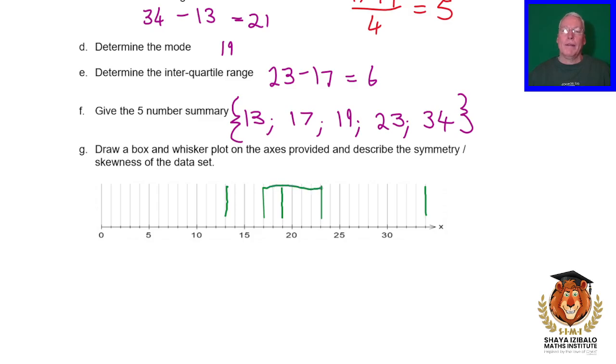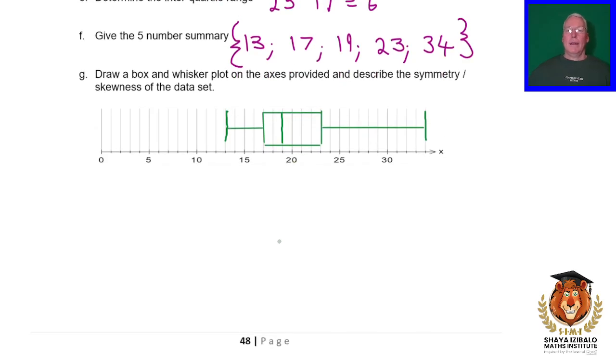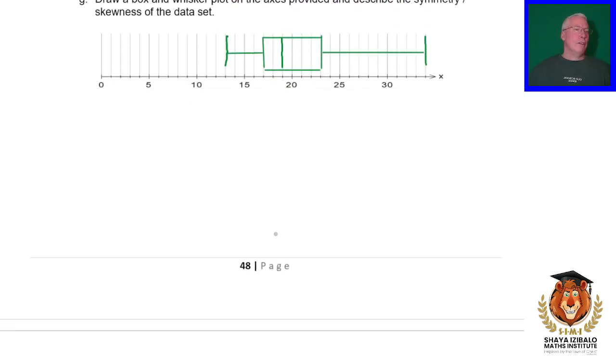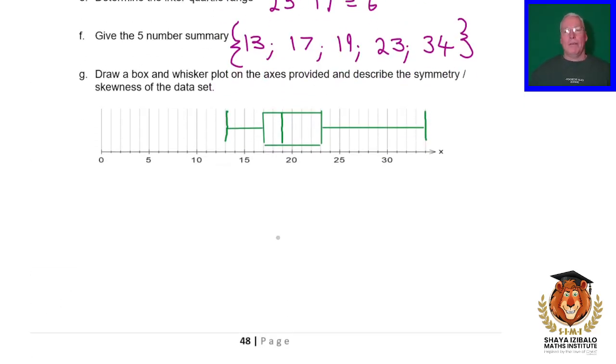Something like that. Okay, and our whiskers are going to go to there.